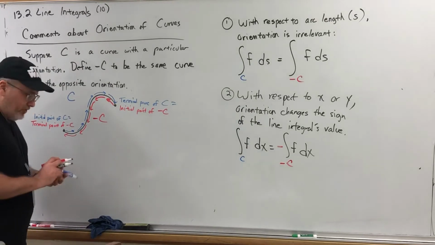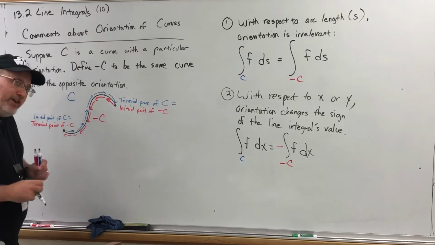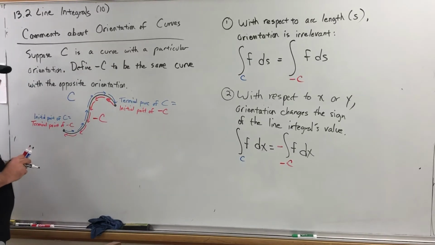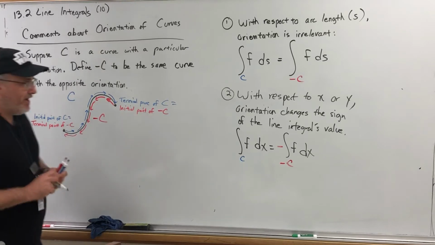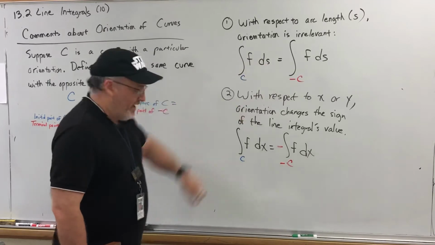And the reason for that is pretty straightforward. Although we didn't get into the formal definition of a line integral as a Riemann sum, I did mention that instead of using delta S's, we could use delta X's.